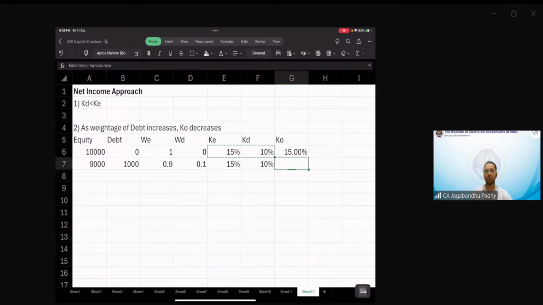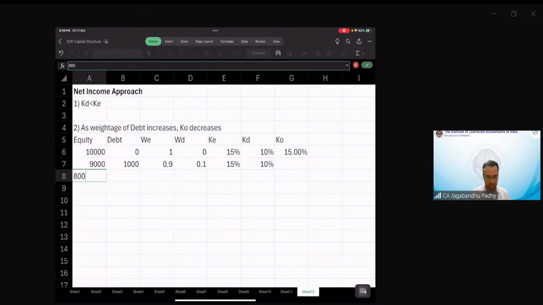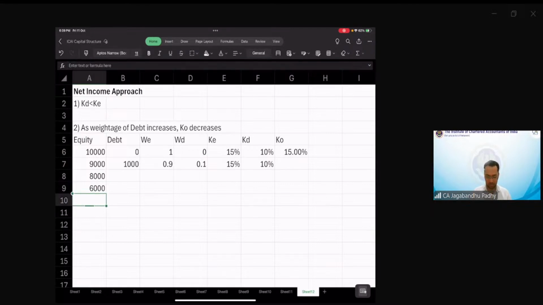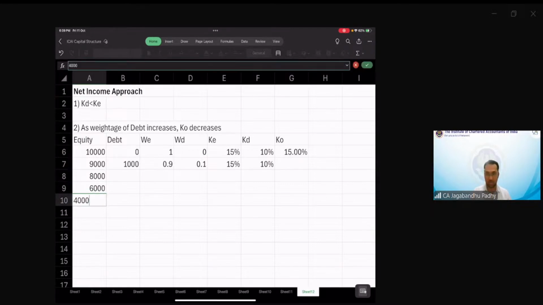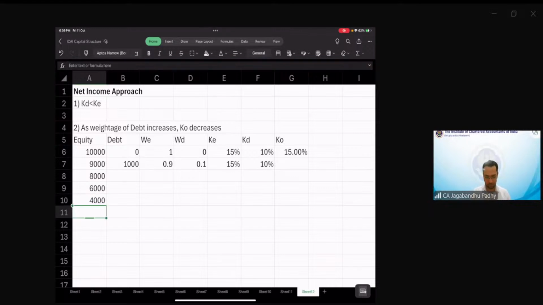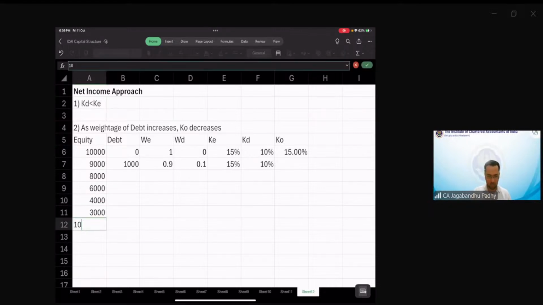Can you give me what is the overall cost of capital over here? Or let me just take some more terms. Let's say 8,000, then 6,000, 4,000, 3,000, 1,000.